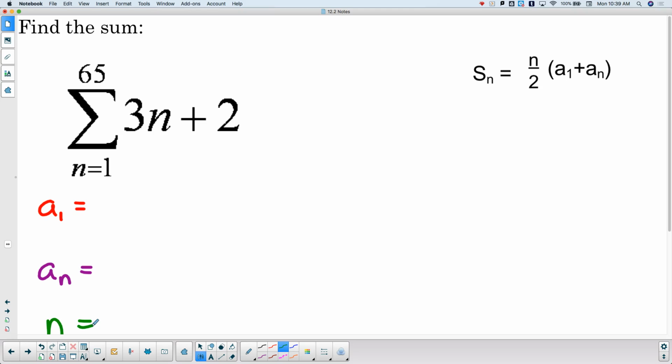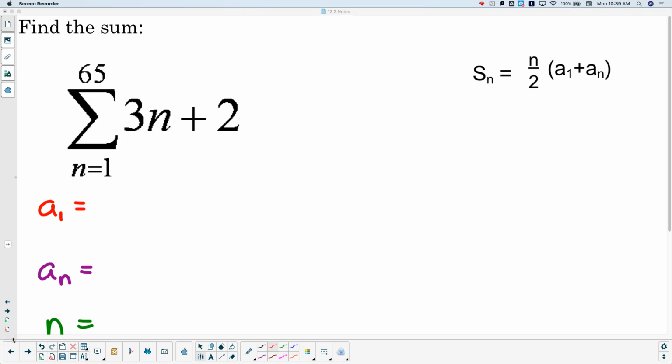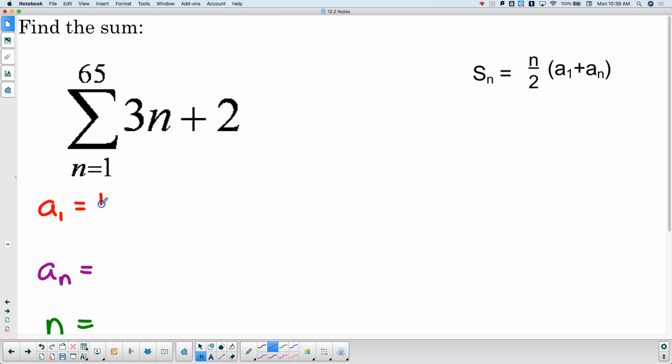Now, to find those three things, because you don't have the list in front of you, you actually have to do a little bit of math in preparation for doing this. So to find the first term, you are going to plug the start into the rule.